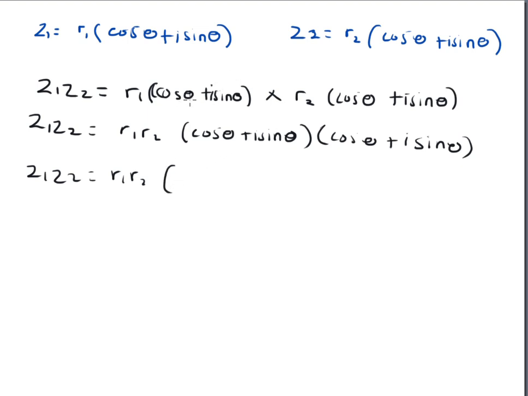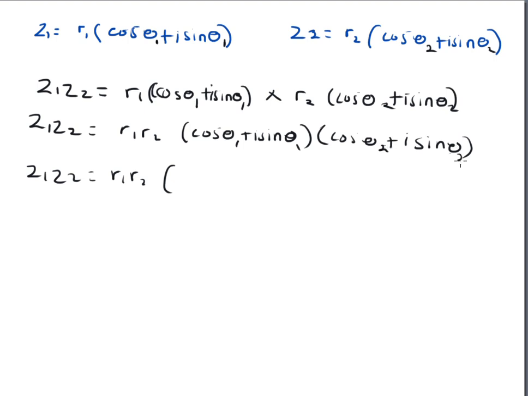There's actually, oh, we didn't define our angles. So this is theta 1 and this is theta 2, because they have different angles. So it's important to actually label our angles. Very, very important.